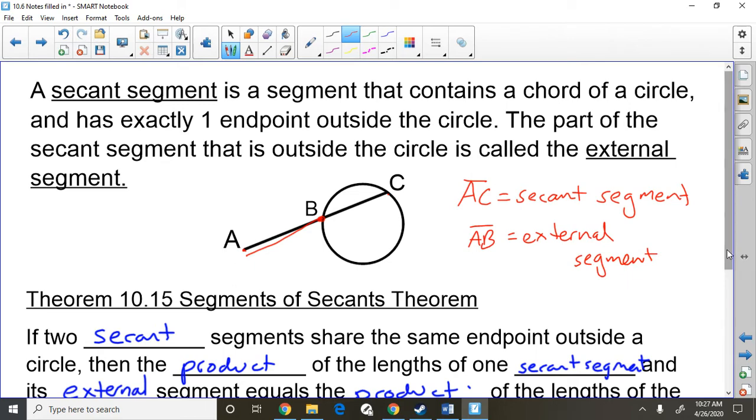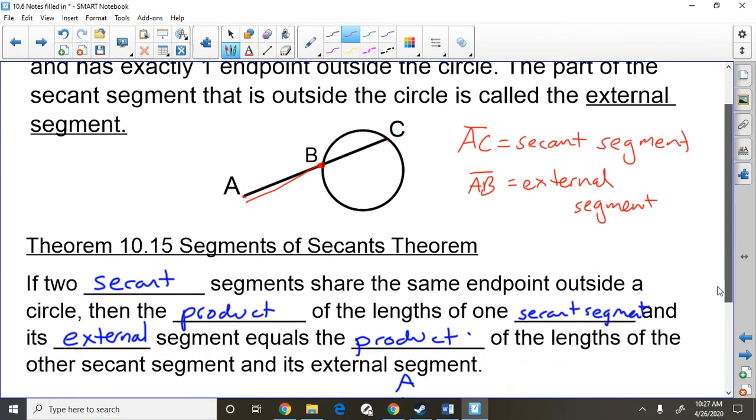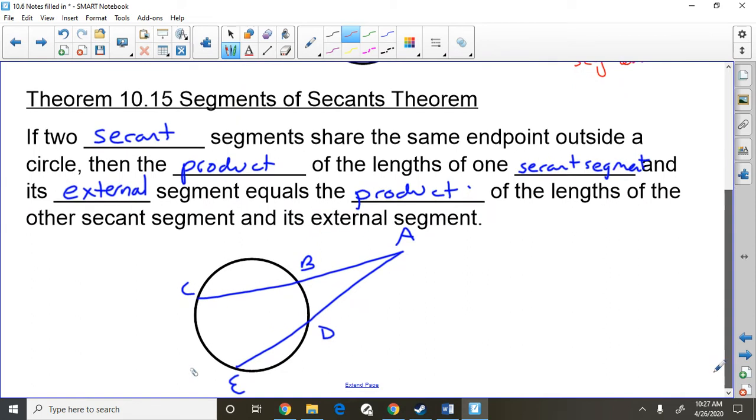And we have a rule about secant segments that intersect. If two secant segments share the same endpoint outside of a circle, so here I have AC and AE that have the same endpoint outside the circle at A, then the product of the lengths of one secant segment and its external segment equals the product of the lengths of the other secant segment and its external segment. Let's break that down with this diagram.